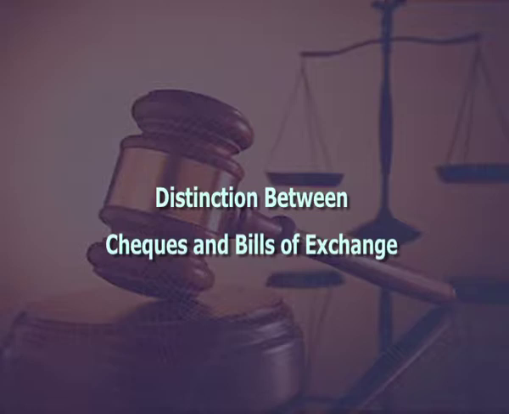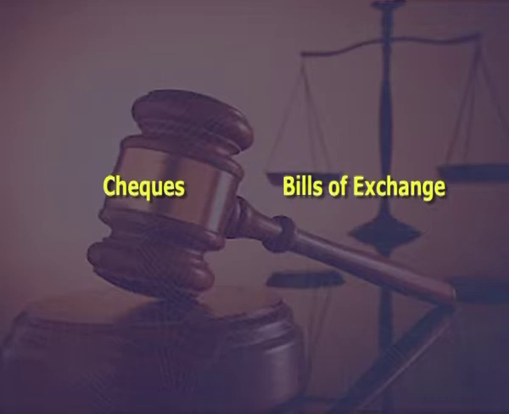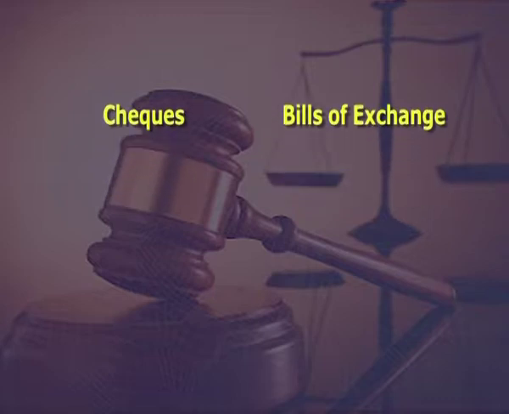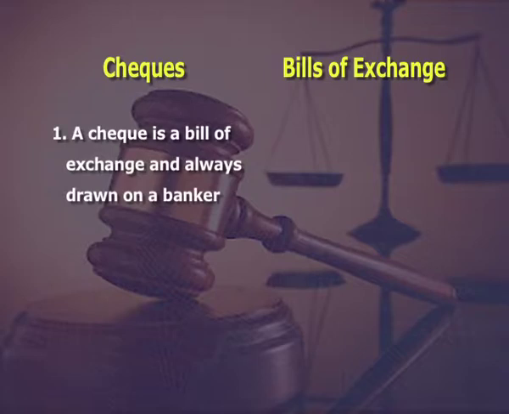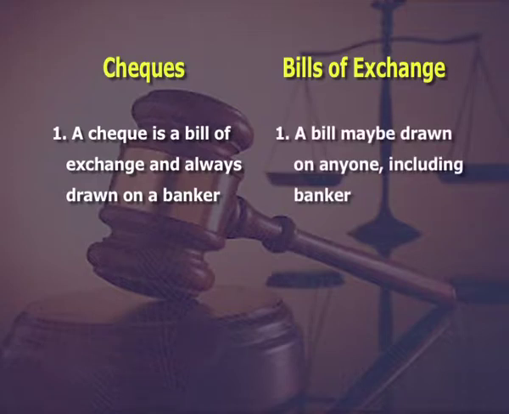Distinction between checks and bill of exchange. As a general rule, the provisions applicable to bills payable on demand apply to checks, yet there are a few points of distinction between the two. Namely, first, the check is a bill of exchange and always drawn on a banker, while a bill may be drawn on anyone including the banker.